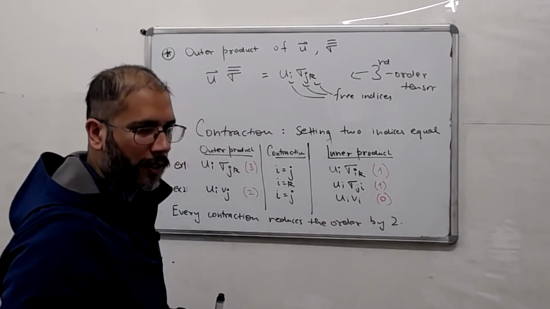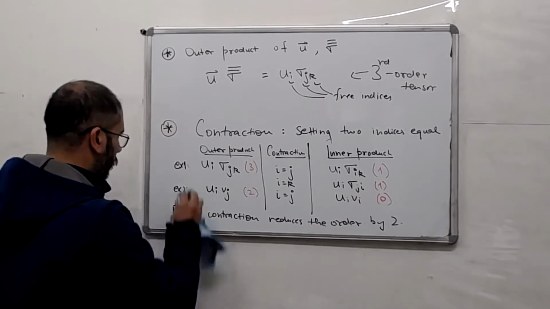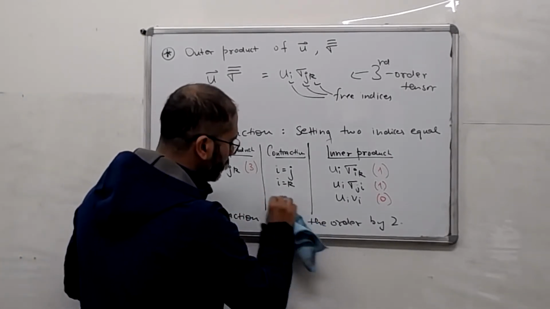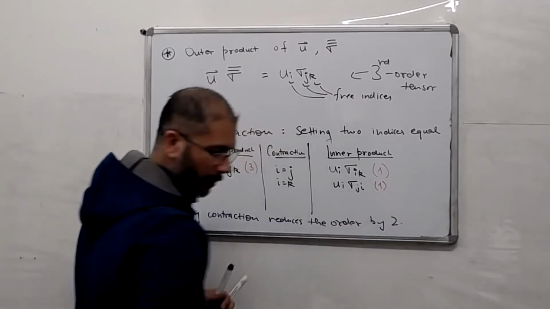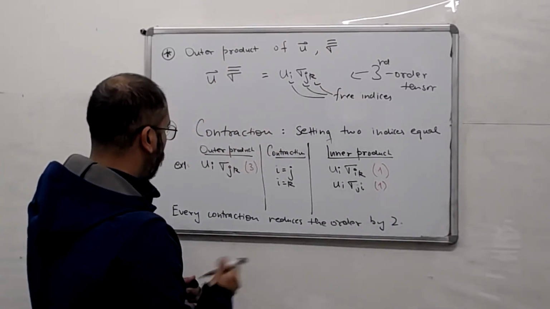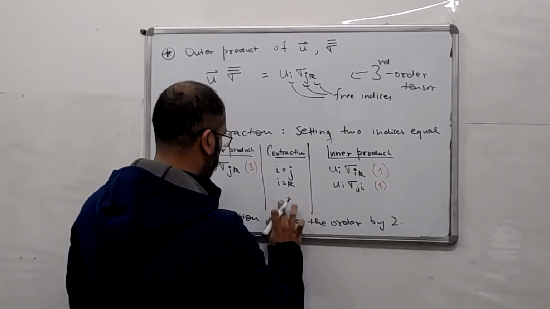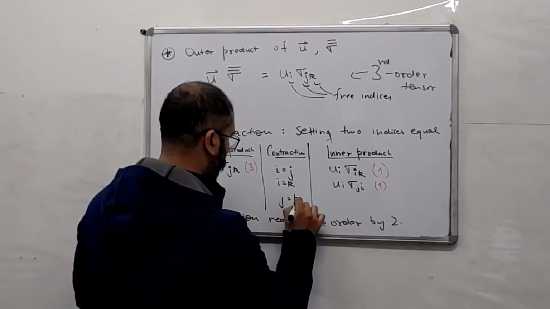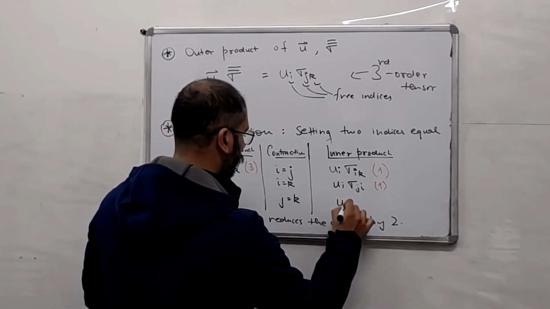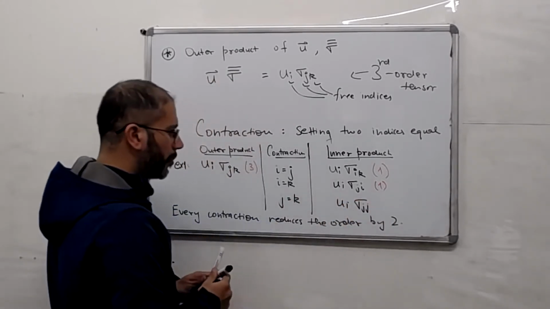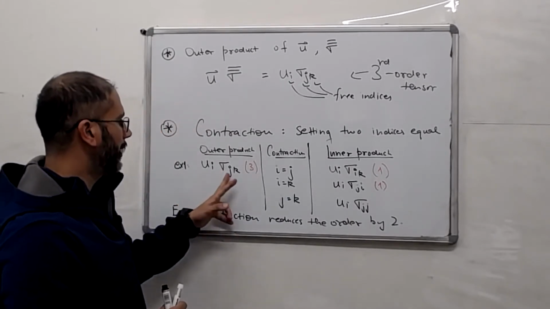In fact, I'll just erase this because I can apply one more contraction here. I could have applied j equal to k. Okay, so that would have given me ui sigma jj. Okay, that's completely allowed because you had 3 different indices.